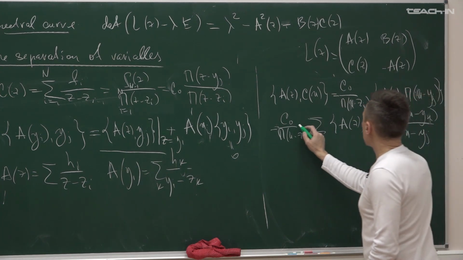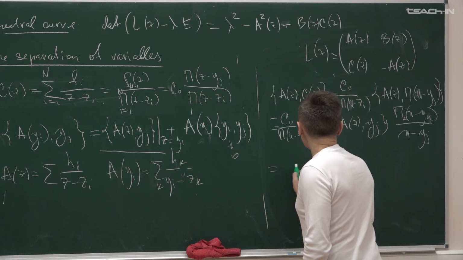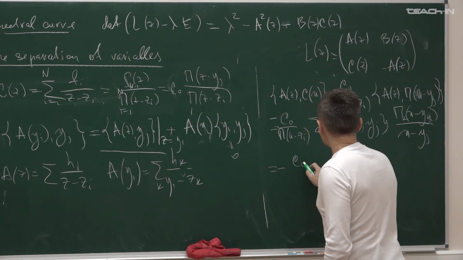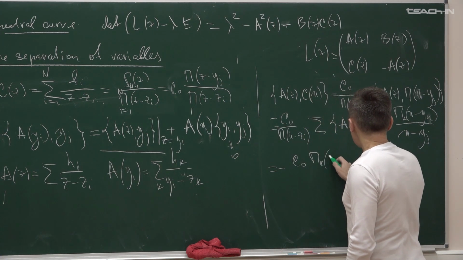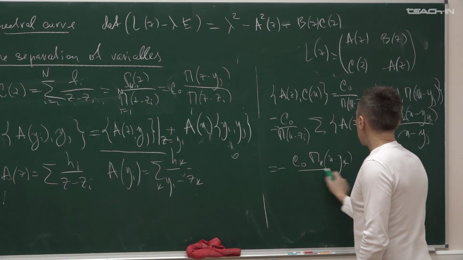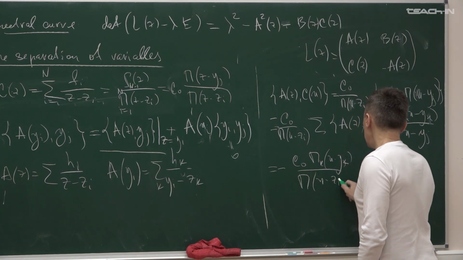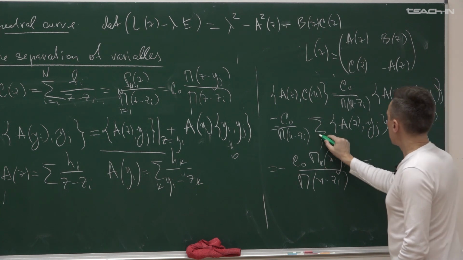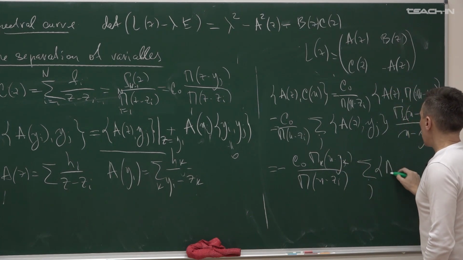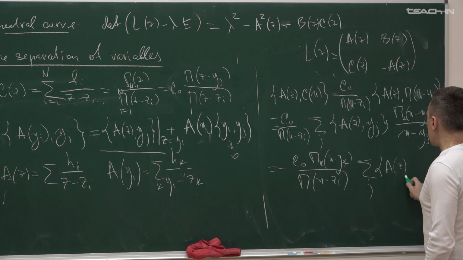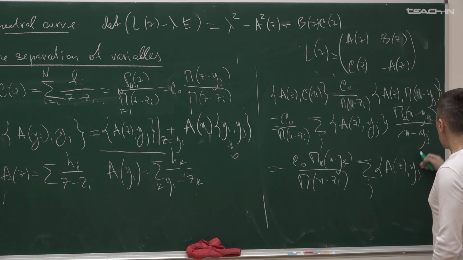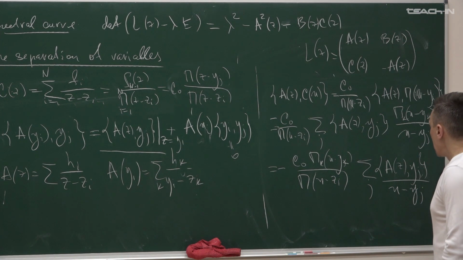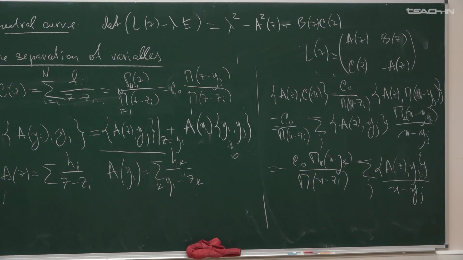Maybe minus, and I will rearrange this expression. It is minus C of u over u minus y_k, times the sum over j of the bracket of A of Z with y_j divided by u minus y_j.